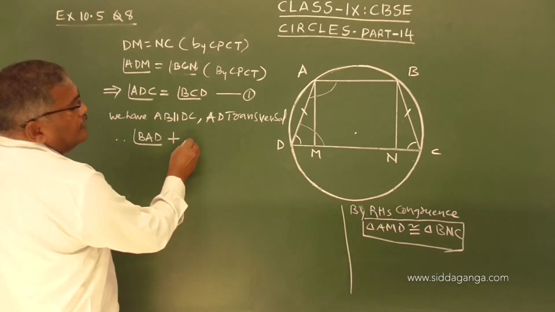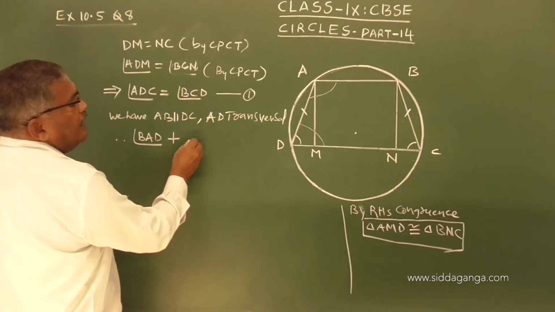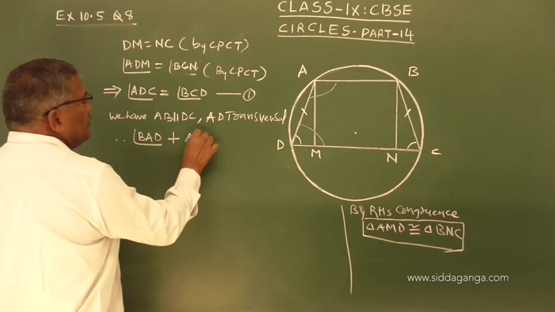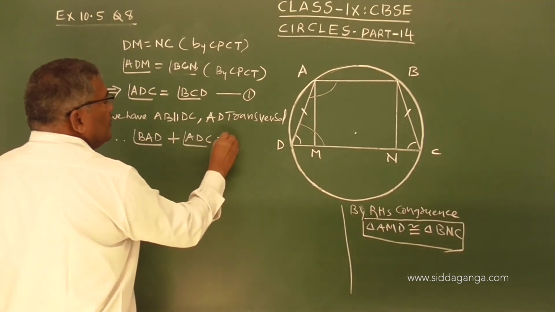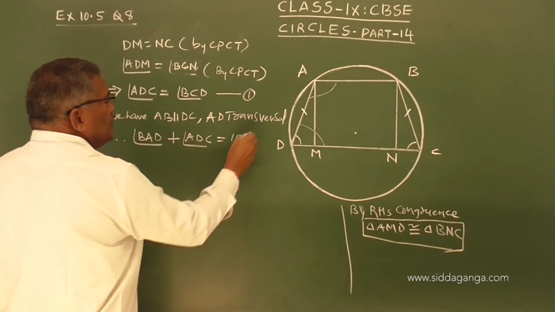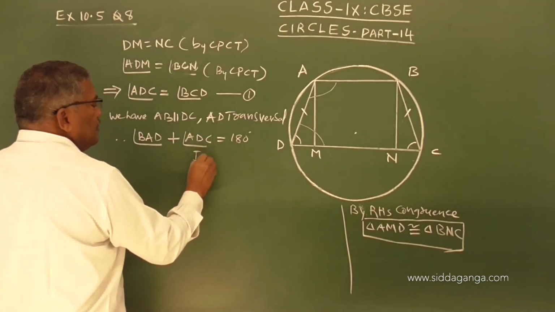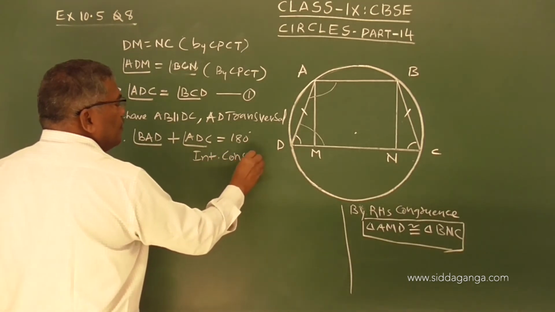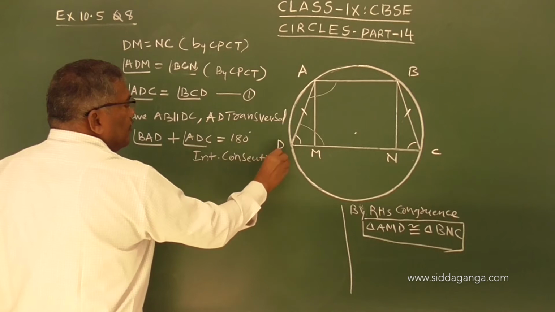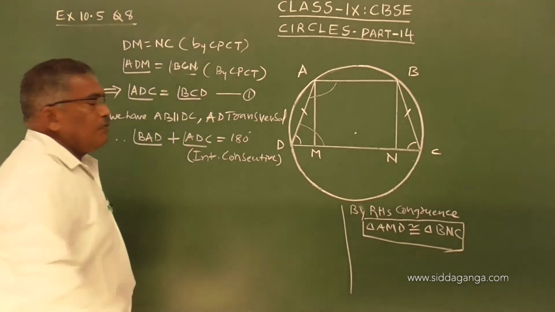So that is BAD and ADC. So the sum of these two must be equal to 180 degrees. Reason is interior consecutive angles.